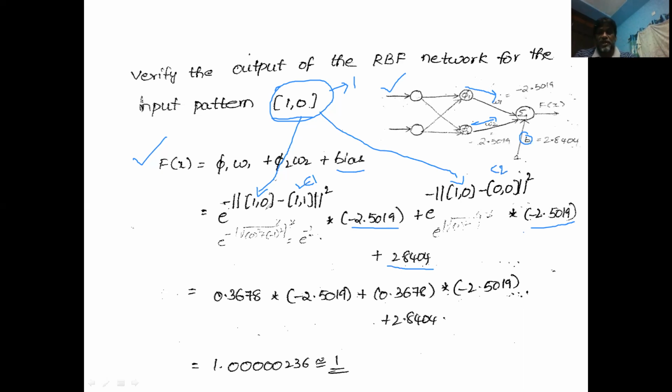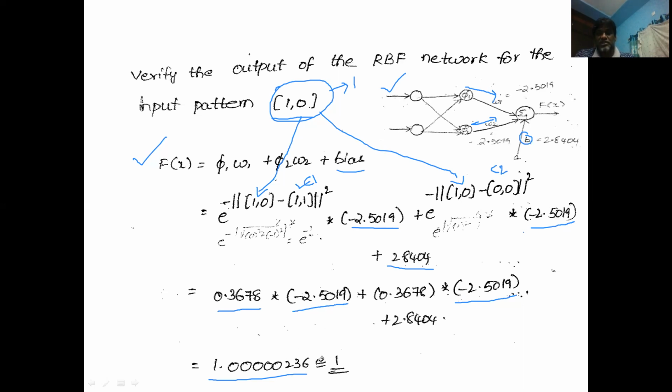If you calculate this, you will get 0.3678 into minus 2.5019 plus 0.3678 into minus 2.5019 plus 2.8404, which will finally be evaluated as 1.5 zeros followed by some ignorable value.